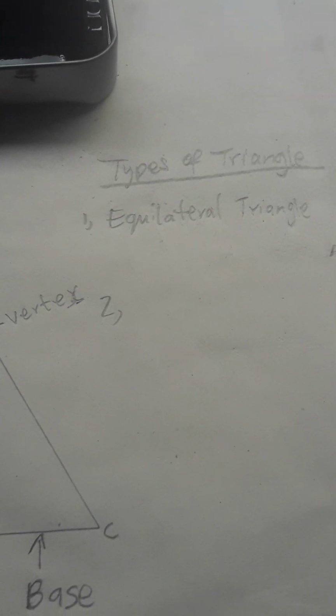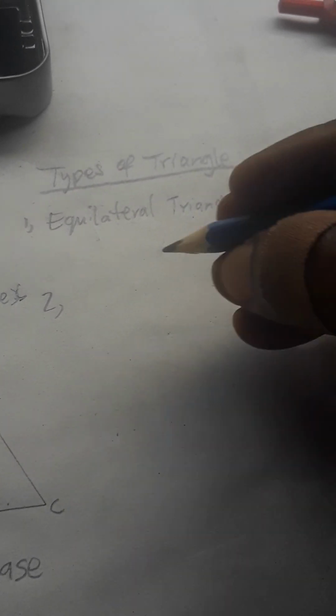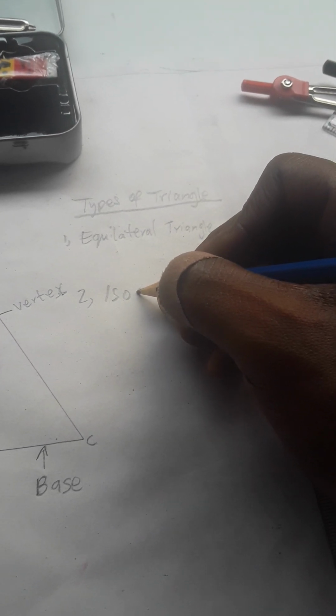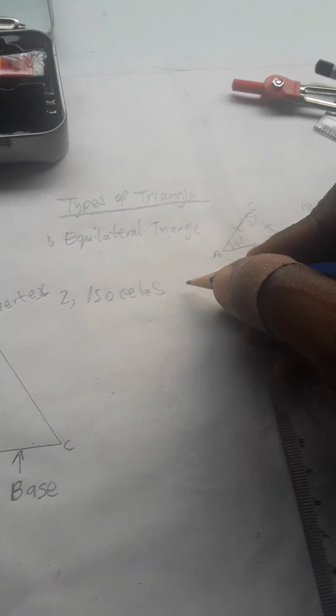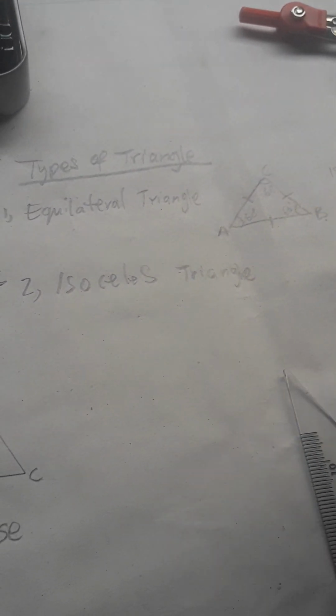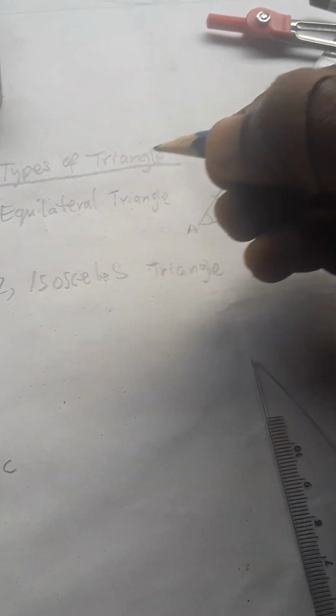Now let's look at the second triangle. The second triangle is what we call the isosceles triangle. Yes, excellent.